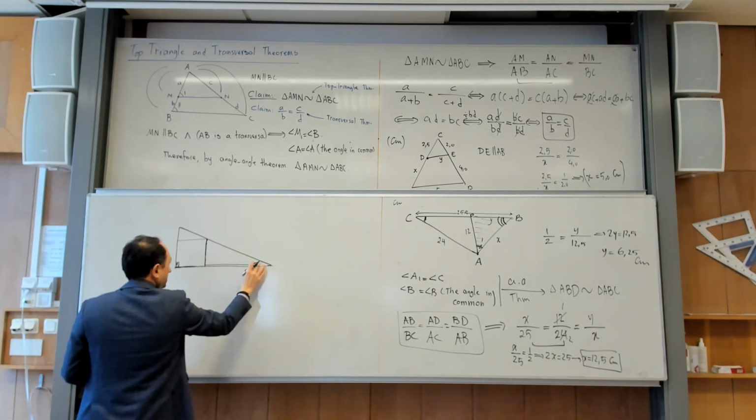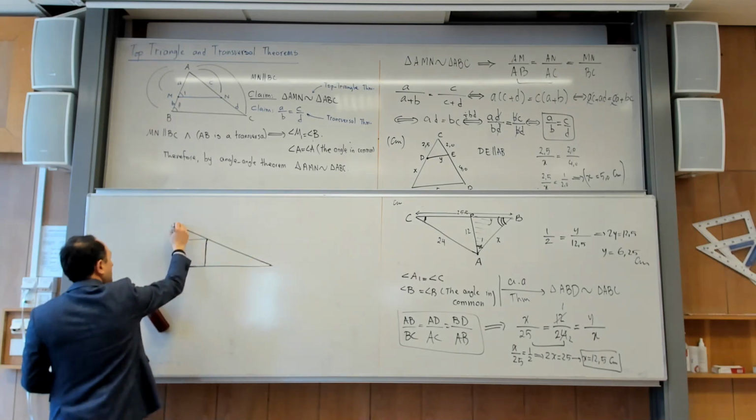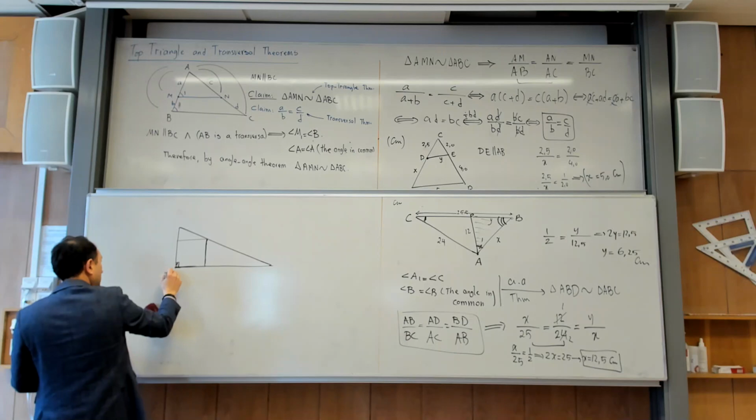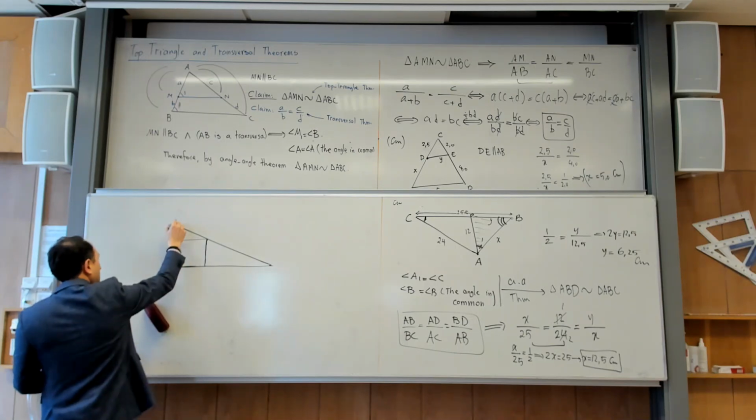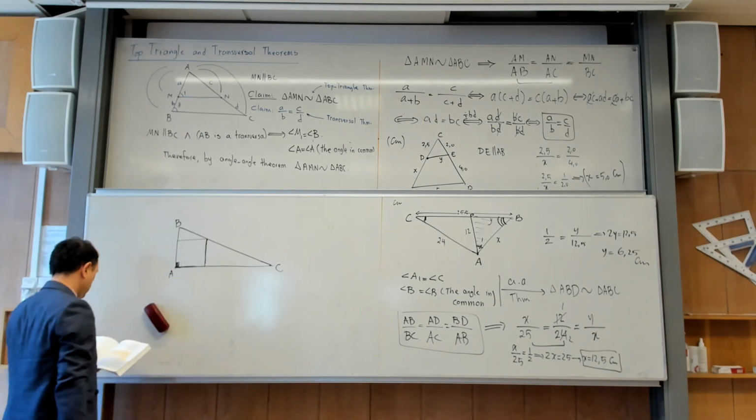It's really bad, so I have to use the ruler probably. Okay, but that's okay. So you have this triangle A, B, and C, and you know that this is a square.